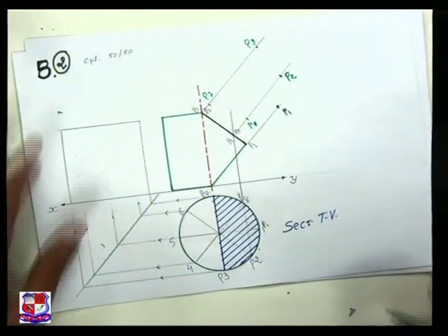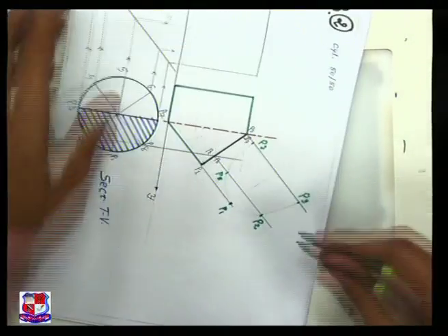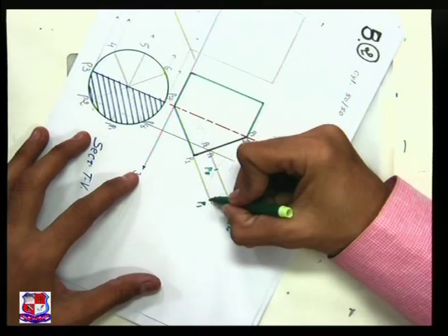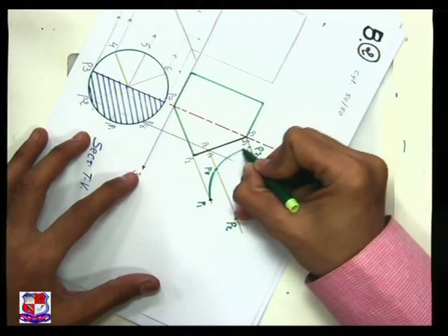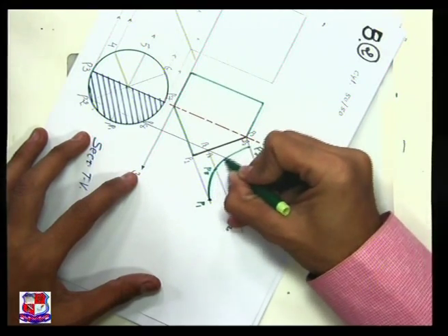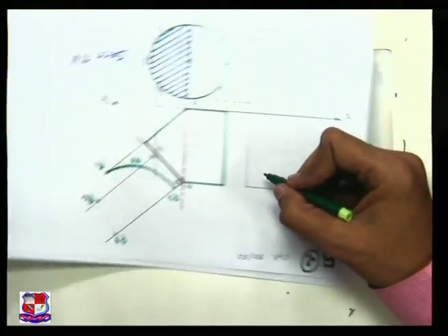Now join all these points P1, P2, P3, P6, P7 and P8 with a smooth curve like this. Because it's a cylinder, a smooth curve would be there. If it is a prism or pyramid, a smooth curve may not be there.